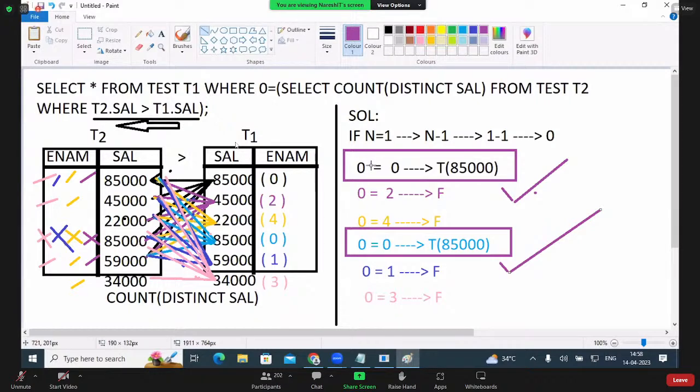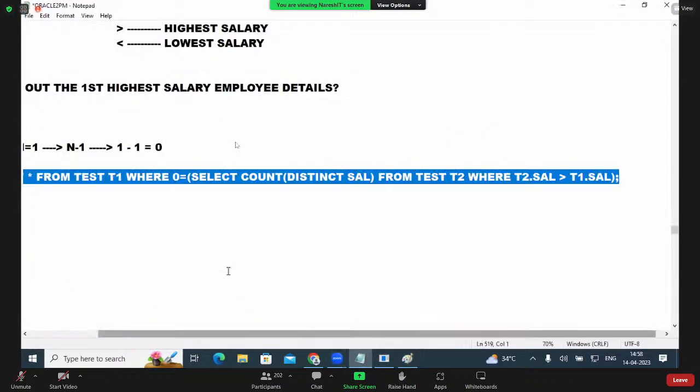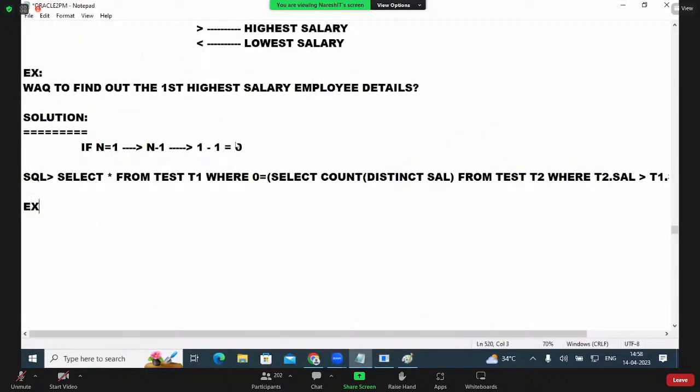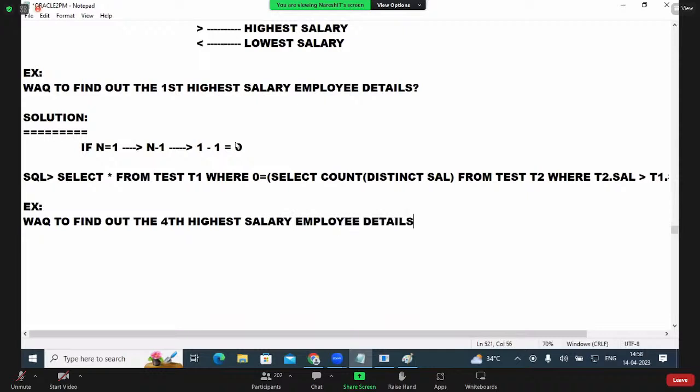Now I'm asking the same question. So this is my first question. Write down the second question. Write a query to find out the fifth highest or else fourth highest, the fourth highest salary employee details.